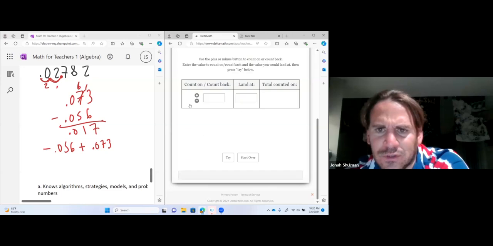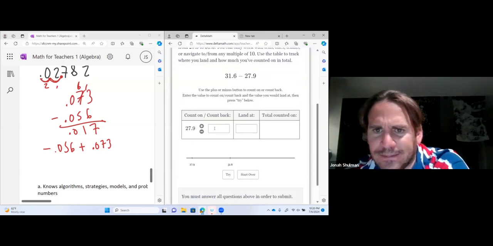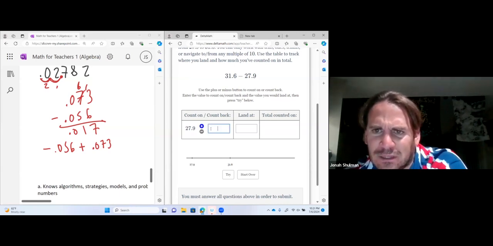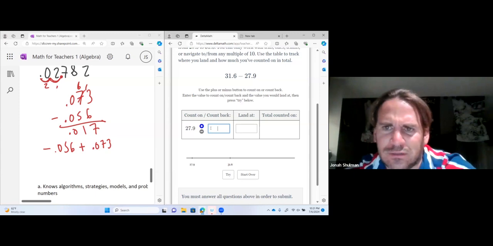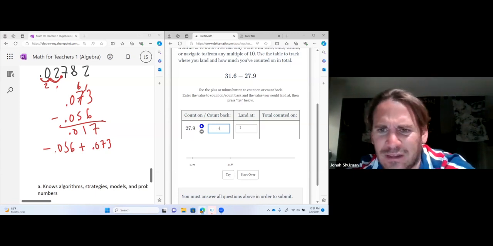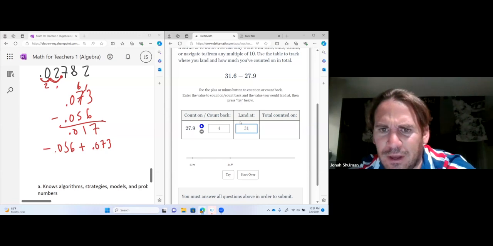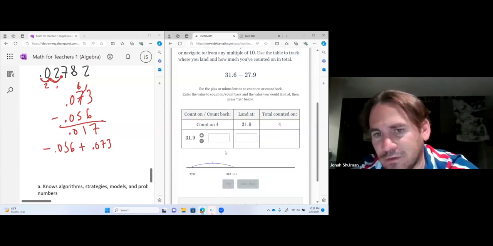Oh, we got a level 2. Let's get crazy. I got to go from 27.9 to 31.6. I'm just going to add the point. Let's add 4 first. Why not? And then go backwards for once. 31.9. Overshoot. I've never done the overshoot.